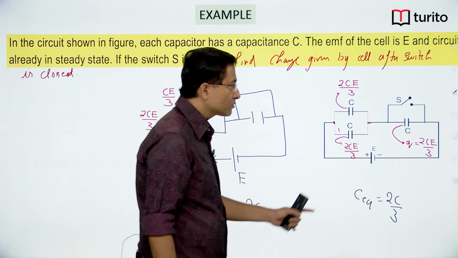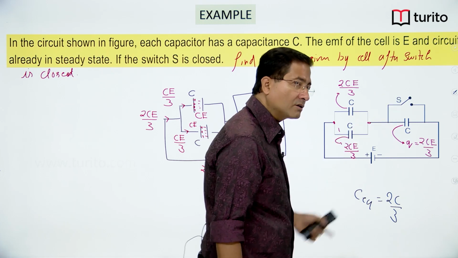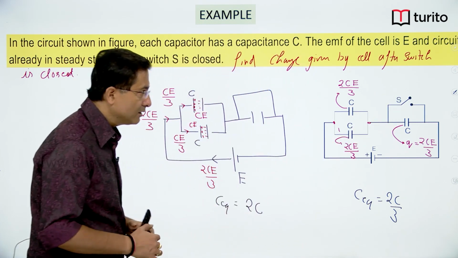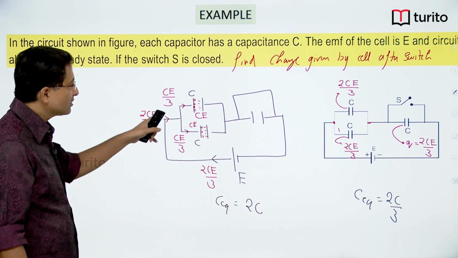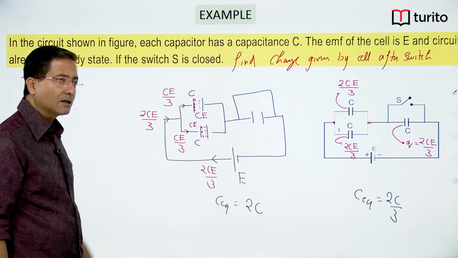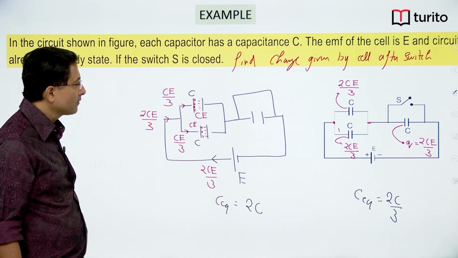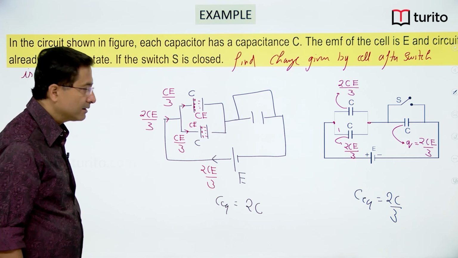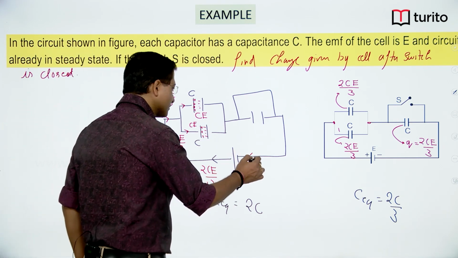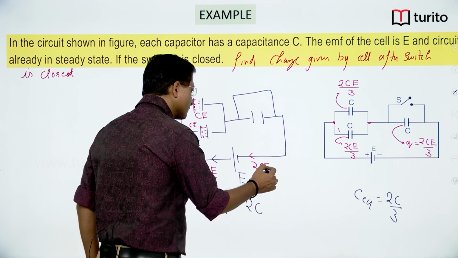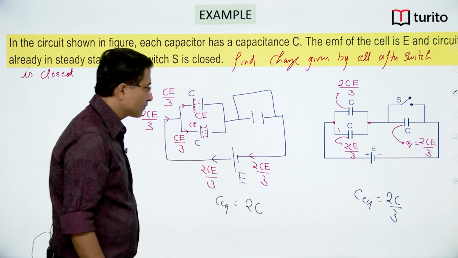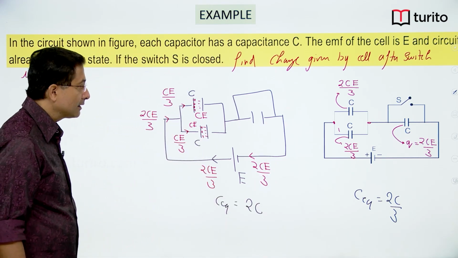So after you close the switch, equilibrium got disturbed. To maintain the new equilibrium, the battery gives additional charge 2CE by 3 and that charge will flow this way, right. Whatever the battery delivers, it receives.